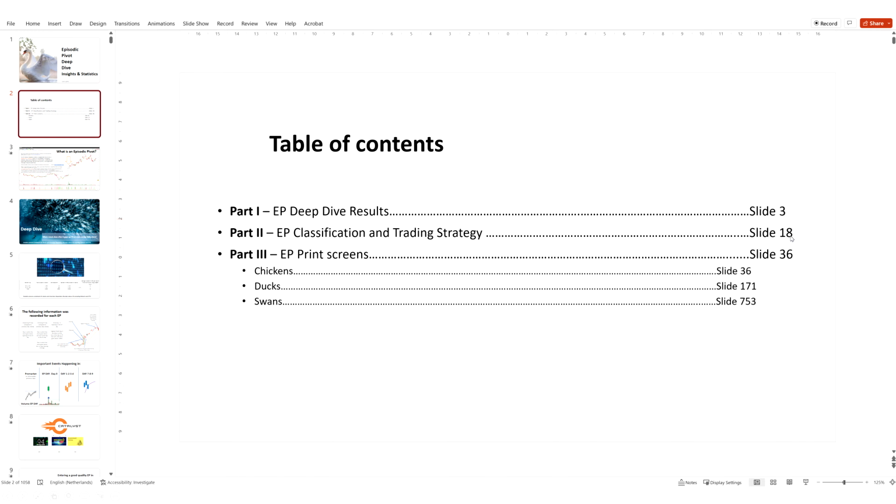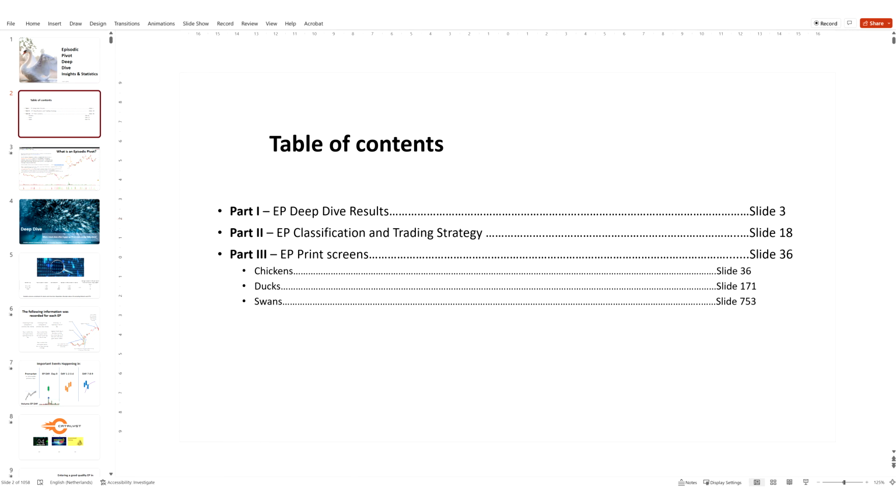It starts from slide 18. I expect this will be the second half of this video, which contains very interesting information and very nice classification, in my opinion. I hope you'll like it, and I hope you'll find it useful, but stay tuned for this part 2. And then part 3 represents the print screens that I did while doing the deep dive.